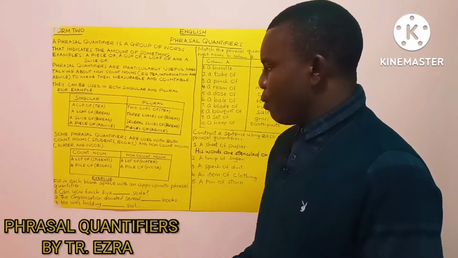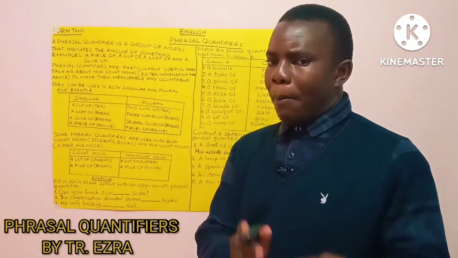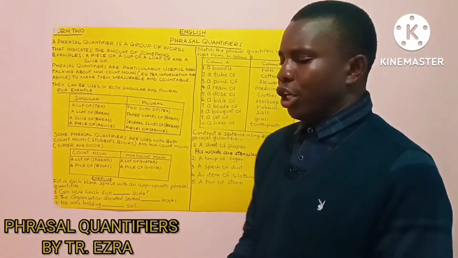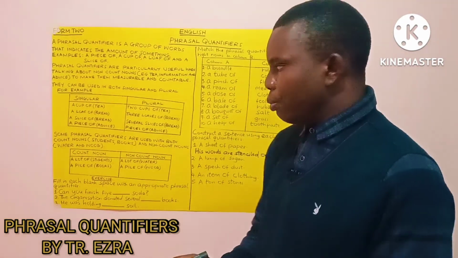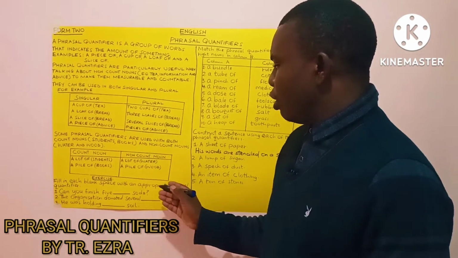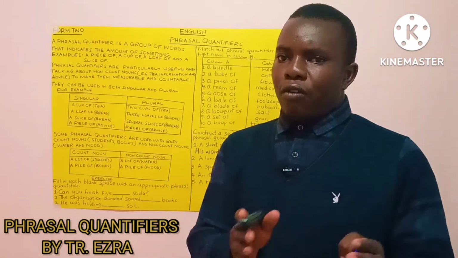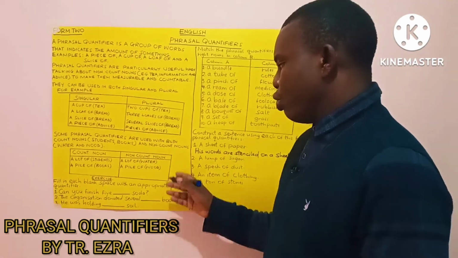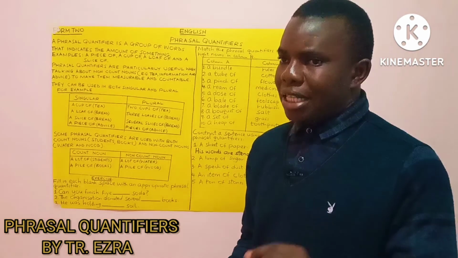The second example, we have a pile of as a phrasal quantifier on column A being used with books, a pile of books, which is a count noun. Then with non-count noun, we see the phrasal quantifier a pile of being used with wood, which is a mass noun or an uncount noun.